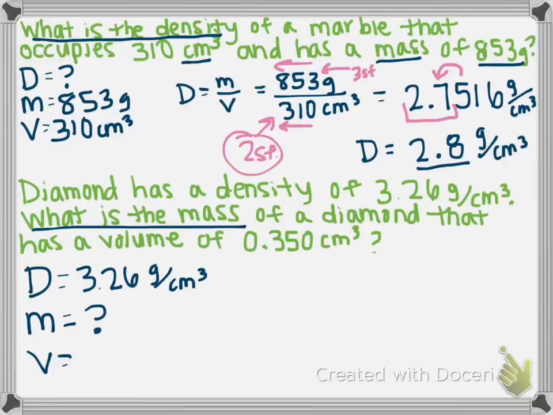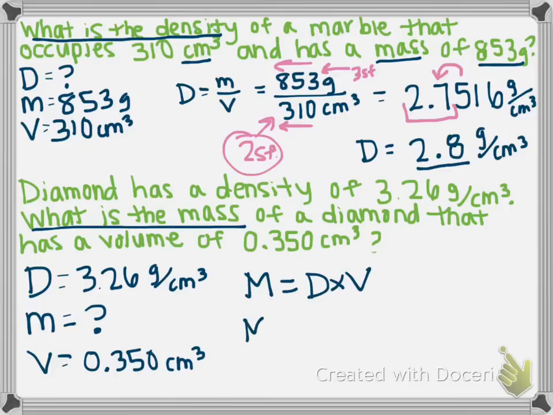And it tells me the volume is 0.350 centimeters cubed. Okay, so in this case I'm solving for mass. So I need to use my M equals equation. It's M equals density times volume.